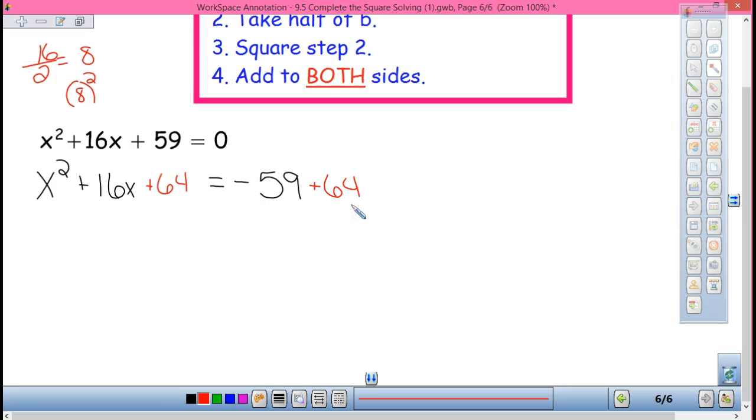Okay, what's your next step? Factor the left side, right? So everybody factor the left side.